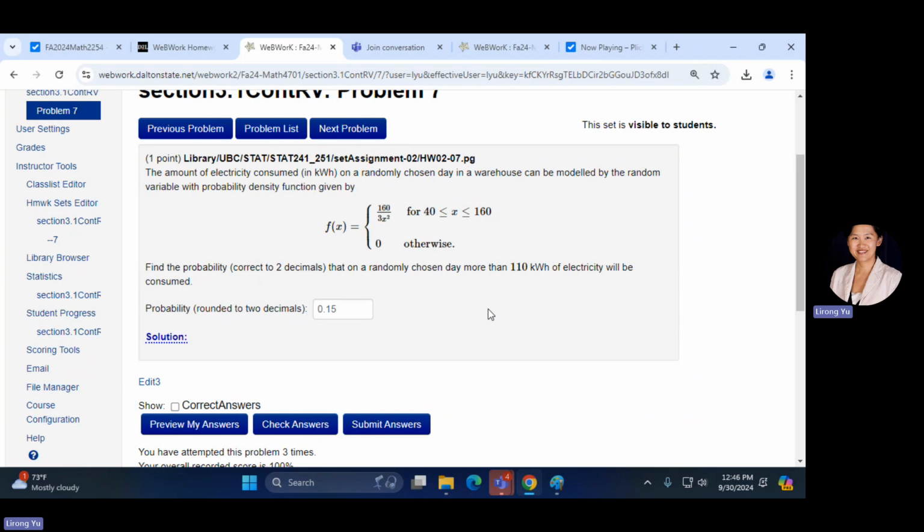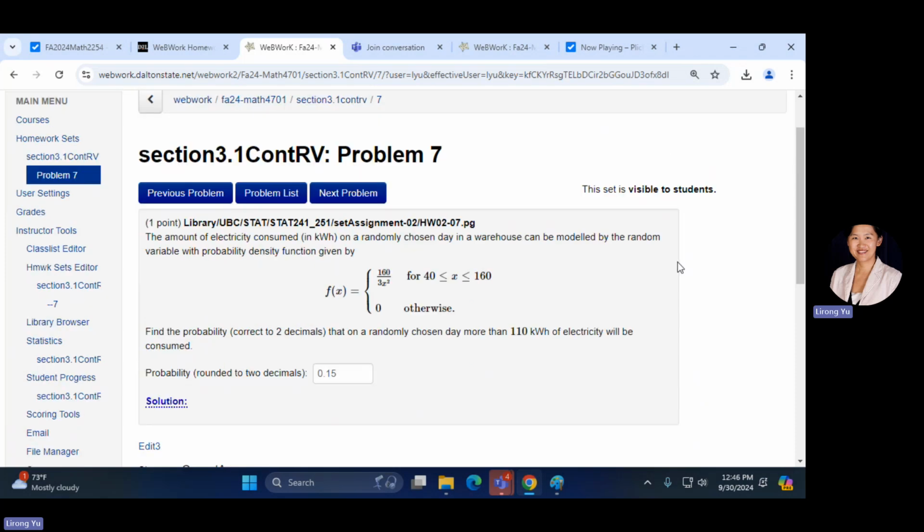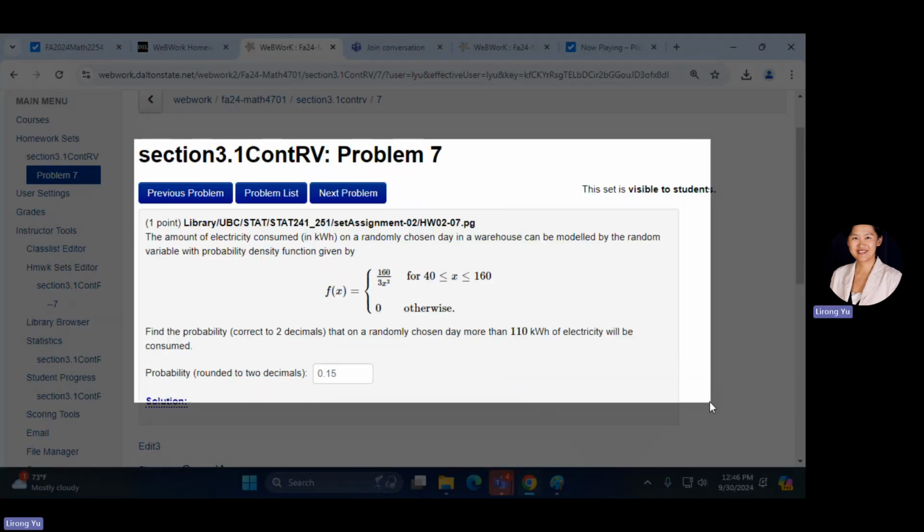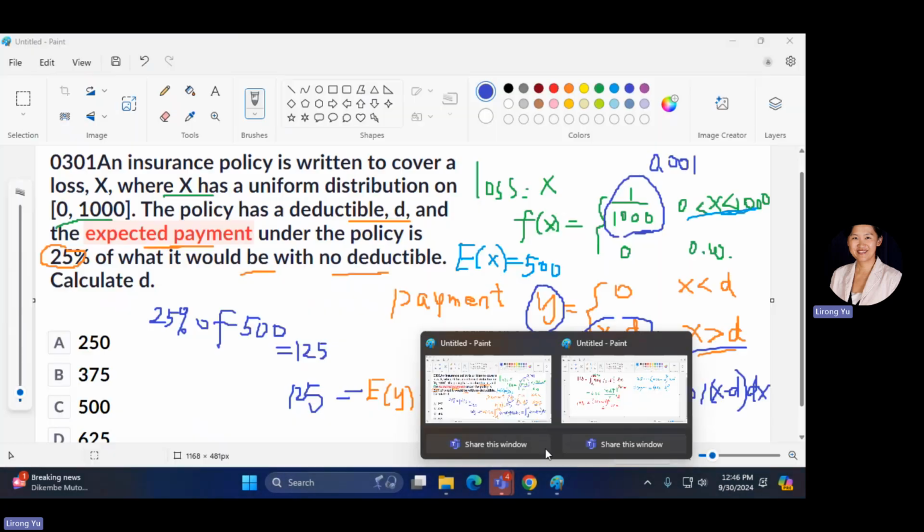All right, so this is number 7, and we already gave it this. You will find the probability. This is the calculation, doing integration to find the probability. It's a continuous case.